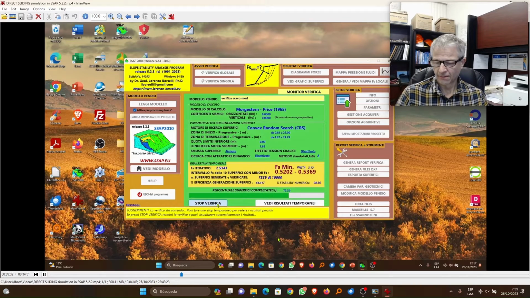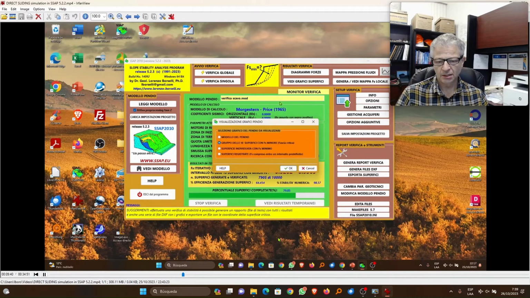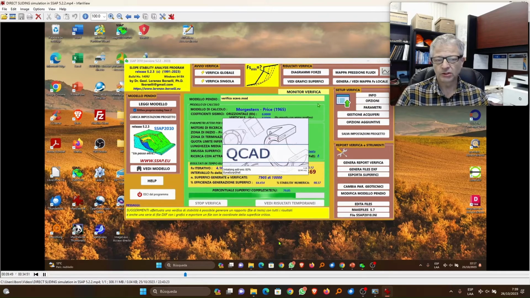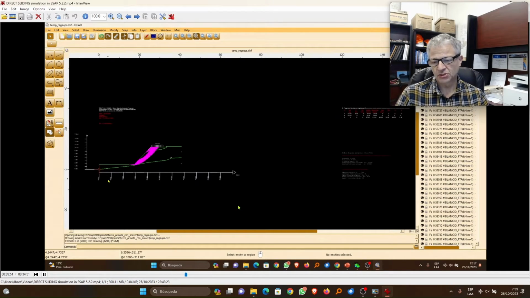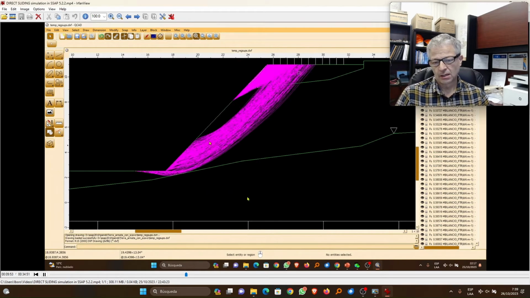Of course, the groundwater is at the interface between rocks, bedrock, and glacial till. We can show all the surfaces that have a safety factor less than 1.1. It is the limit considered from the rules in Italy.